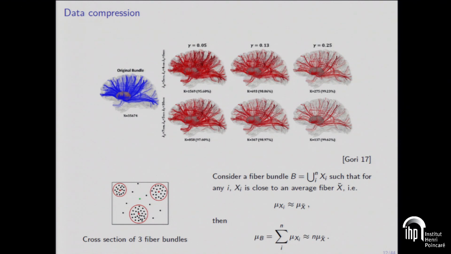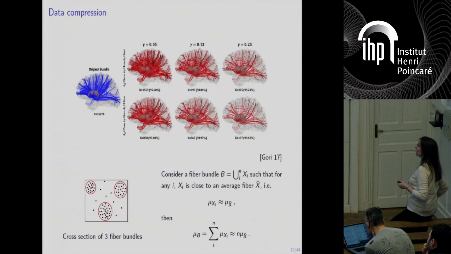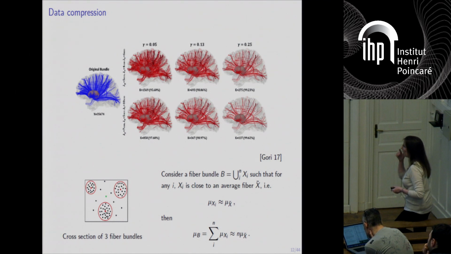And their idea was to propose a clustering algorithm to define groups of similar fibers. And to do that, they used the distribution representation of shapes. So if they consider a fiber bundle B, which is the union of some fibers xi that are close to each other, in the sense of distribution, you have an average fiber x tilde, whose distribution is close to the distribution of all the xi.